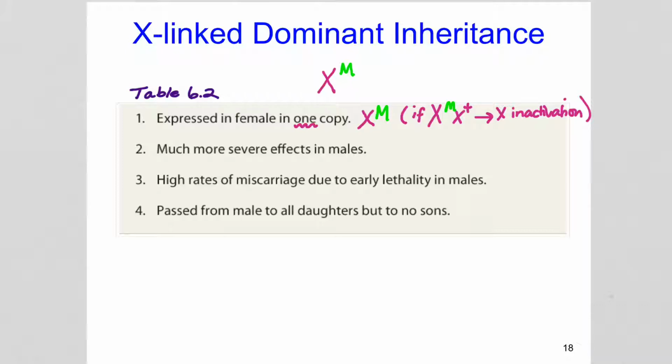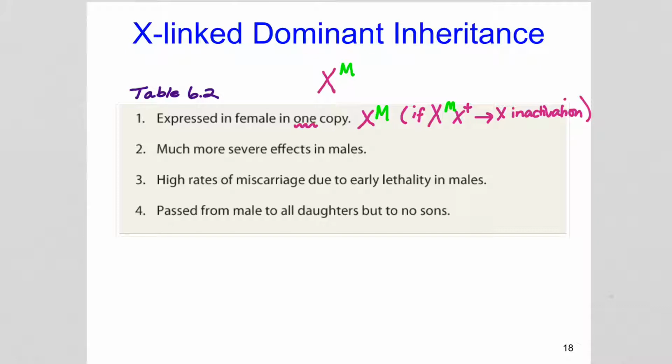There are some cases where a heterozygous mother may not show symptoms or may have mild symptoms, and that's due to X inactivation, which again we'll get to in a few slides. So these types of conditions have much more severe effects in males.